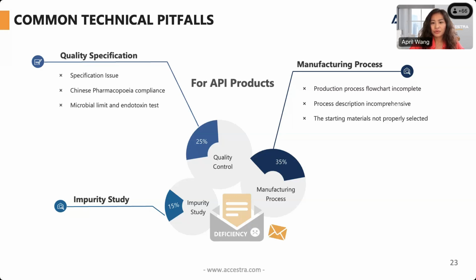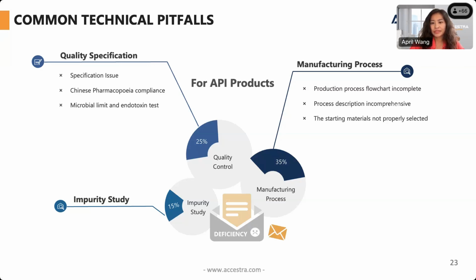And around 25% of the dossiers have gaps in the quality specification. For example, lack of test items in the specification, mainly because of not doing thorough research on comparison with pharmacopoeia standards of China and other related or regulated markets such as the EU and the US.